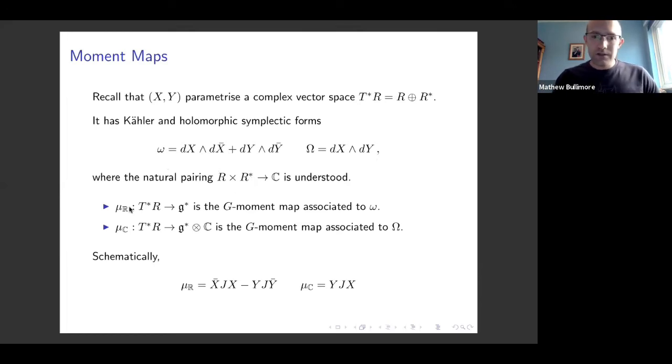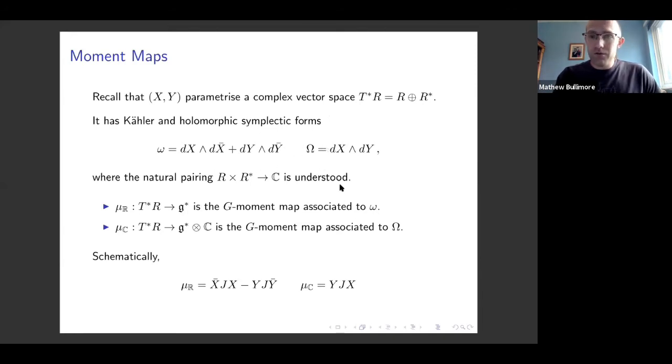And this vector space comes with a G action. That's precisely what it means for it to be a representation. And the real and the complex moment map are just the moment maps for that action that you would build using the Kähler form and the holomorphic symplectic form here.